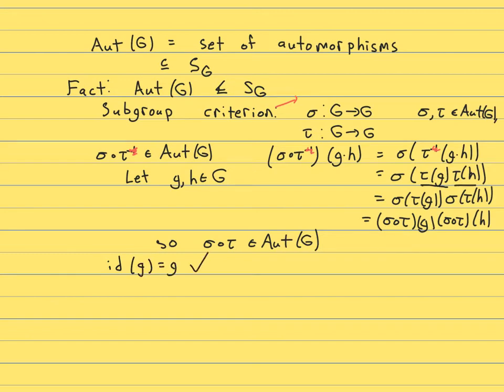It is a bijection. It's in the automorphism group. So the identity bijection is in here. So now we just need the remaining criterion, which is that we're closed under inversion in the automorphism group.